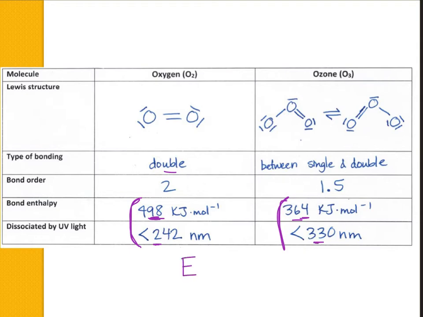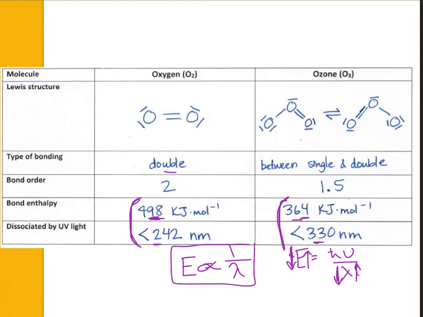So energy is inversely proportional to wavelength. I shouldn't use proportion, not equals. And that can be seen from the formula over the wavelength. If I increase the wavelength, I'm getting a smaller energy, or if I decrease the wavelength, I get a larger energy. So you can see how math-wise that would work out. So these are inversely proportional. As the energy increases, the wavelength decreases.